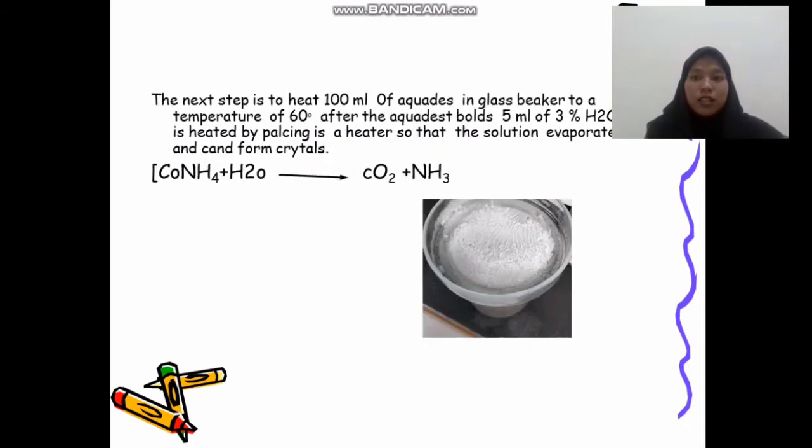The next step is to add 100 ml of water in a beaker glass and heat to a temperature of 60 degrees Celsius. After the water boils, 5 ml of 3% H2O2 is heated by placing it in a heater so that the solution evaporates and can form crystals.